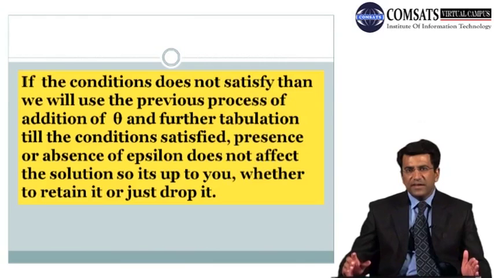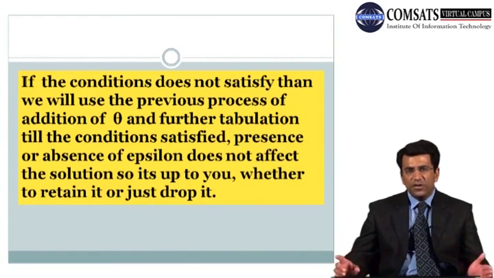Now what is meant by that incorporation of theta? It means that we will have to add or subtract the value of theta which we have computed from all the cells in that particular closed loop. We will add the value of theta to the cell where we have added plus theta, and we will subtract the value of theta from the cell in which we have actually subtracted theta.